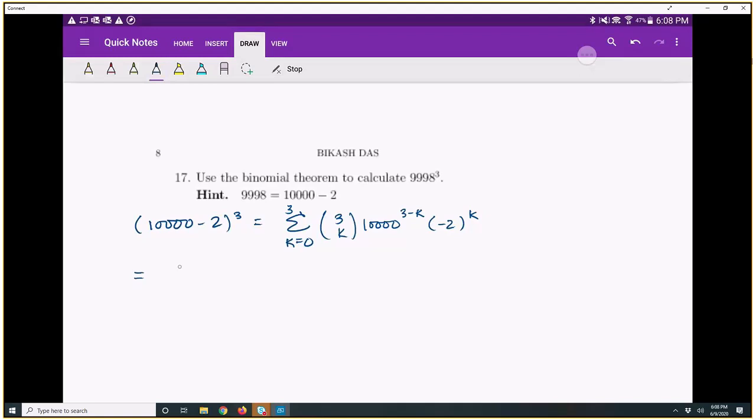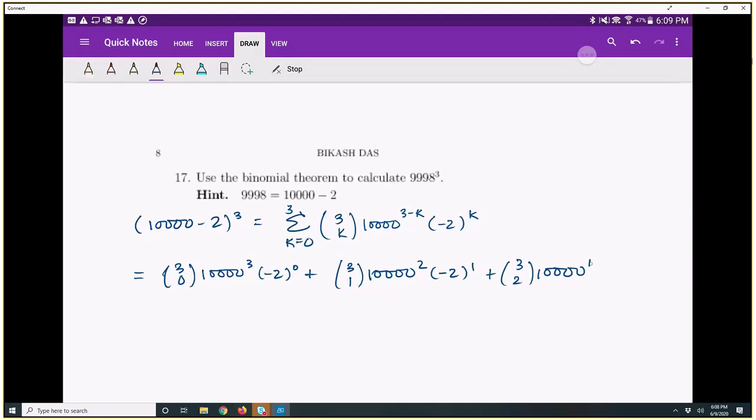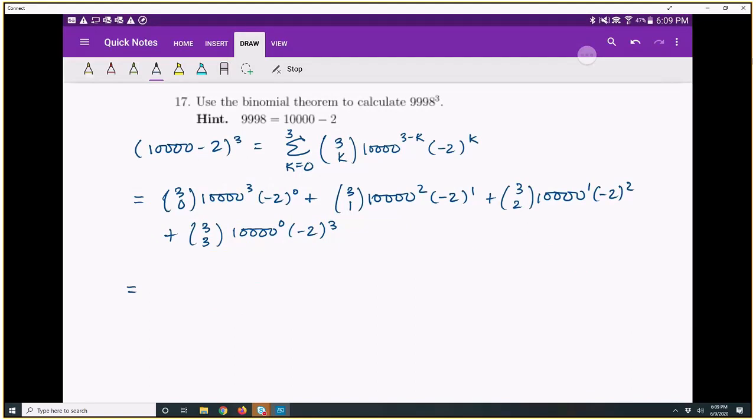And that's 3 choose 0 times 10,000 cubed, negative 2 to the power 0, plus 3 choose 1 times 10,000 squared, negative 2 to the power 1, plus 3 choose 2 times 10,000 to the power 1, negative 2 squared, plus 3 choose 3 times 10,000 to the power 0, negative 2 to the power 3. 3 choose 0 is 1, and 10,000 cubed, so I'll have 4 zeros, and then 4 zeros, and then 4 zeros.